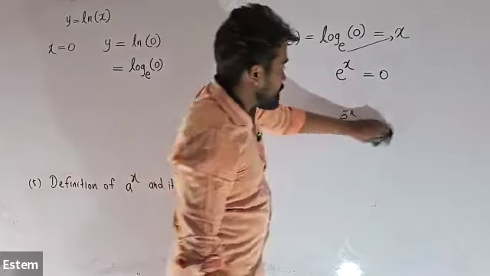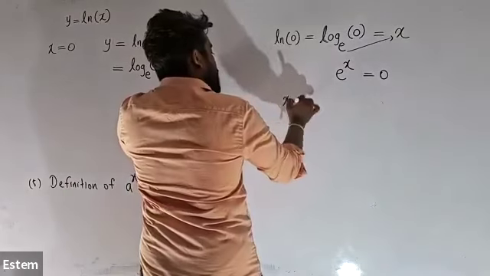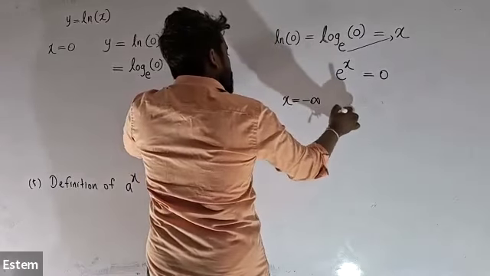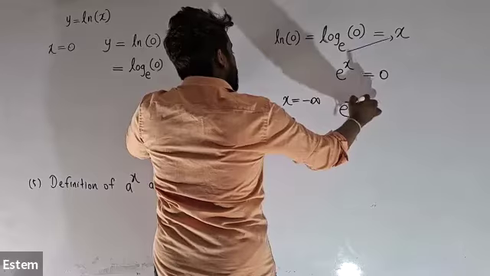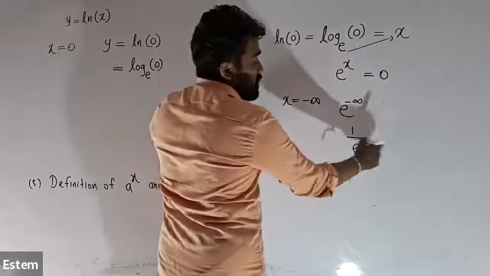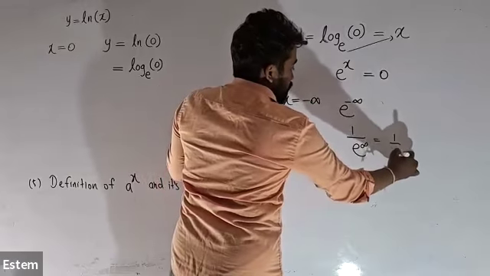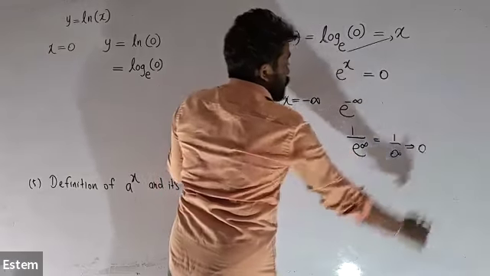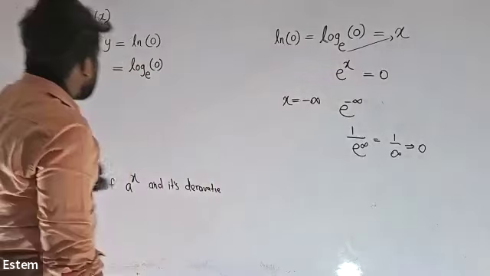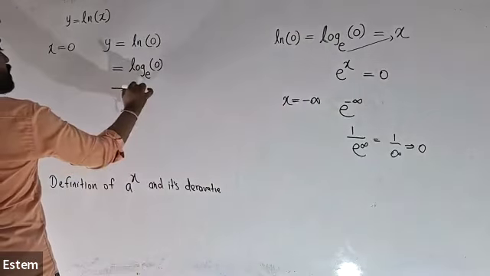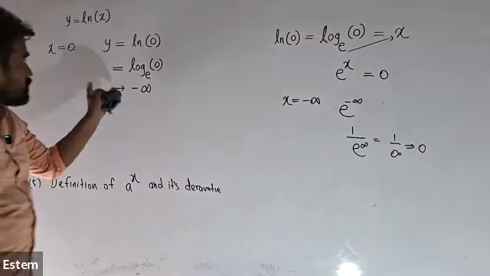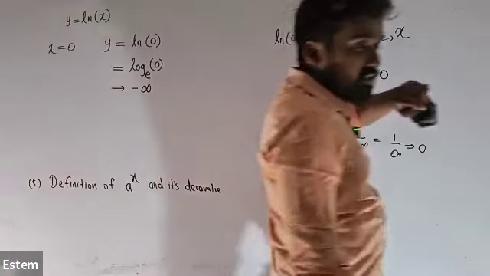How do we get that? If x equals minus infinity, just substitute. Now it becomes e to the power minus infinity, which we can write as 1 over e to the power infinity. e to the power infinity is infinity, so 1 over infinity is 0. Now it is satisfied. So the answer of this is minus infinity. When x equals 0, y goes to minus infinity.